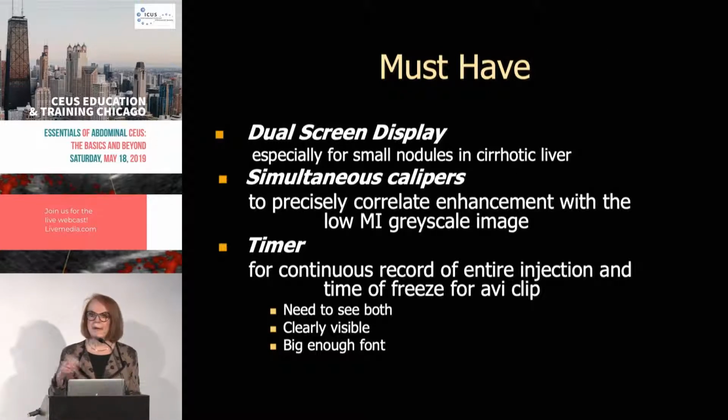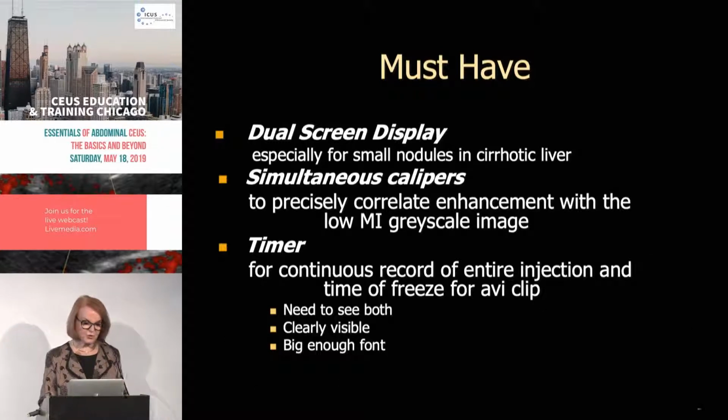And so we've done many, many different little evaluations in my own department. And if you watch a screen and you inject the contrast and you know there's a little mass in the liver, you can think that you're looking at that little mass, whereas unless you caliper and actually confirm that what you see on the grayscale is what you see on contrast, it may not be that little mass.